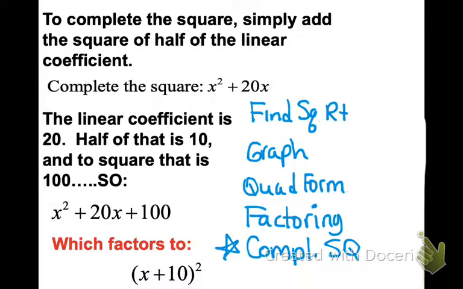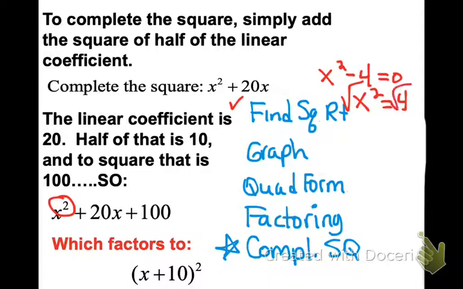All right, so we're just working with quadratic equations, and we already know we can solve some quadratic equations by finding the square root. If I had something like x squared minus 4 equals 0, we could write x squared equals 4 and then find the square root of both sides.